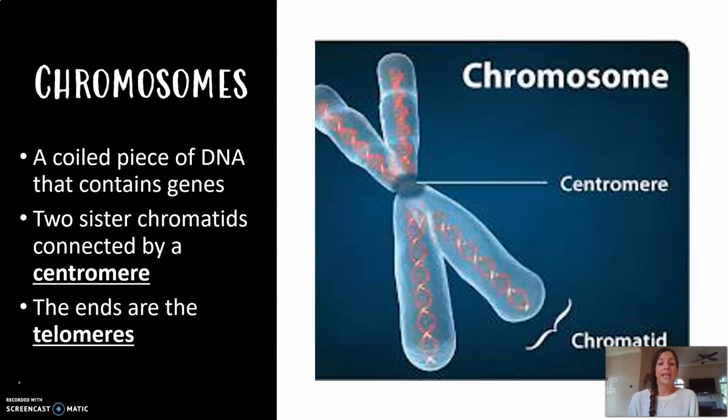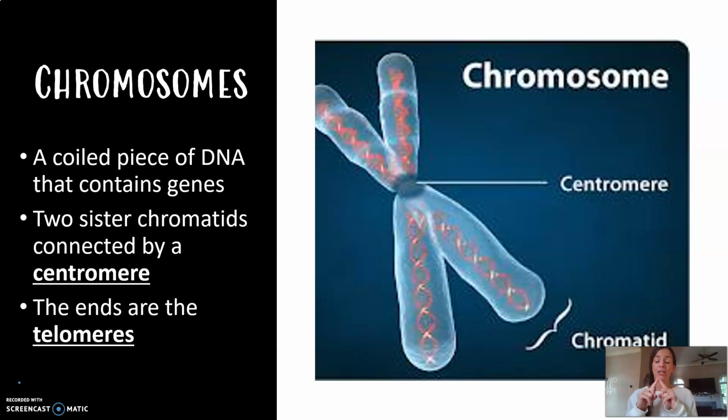So before we get into the actual division, let's talk about kind of the brains of the cell and what is kind of regulating that division. So hopefully you've heard of what a chromosome is before. A chromosome is just a coiled piece of DNA that contains genes. There's a couple very similar sounding words that you need to be familiar with. So first of all, a chromosome is an X, right?